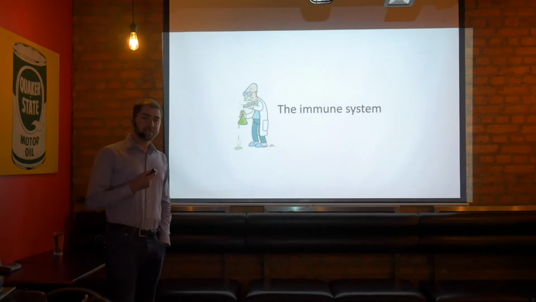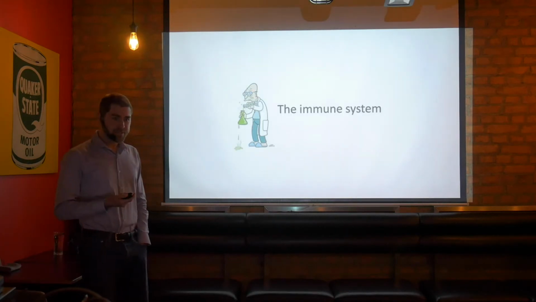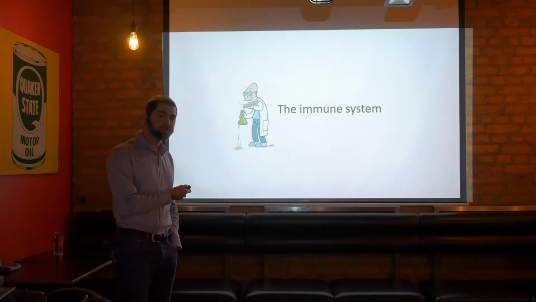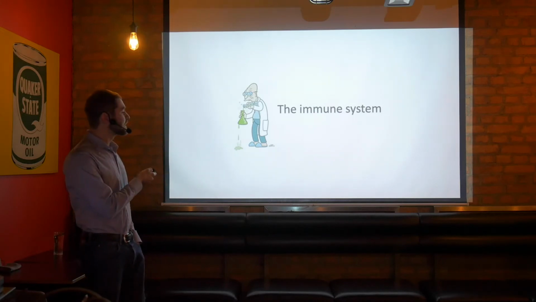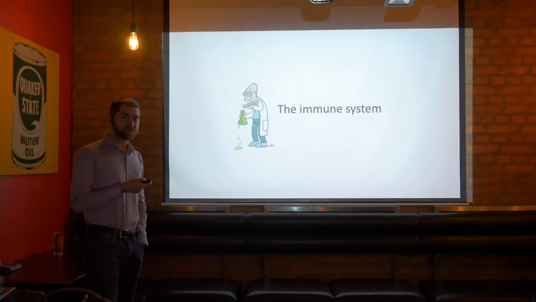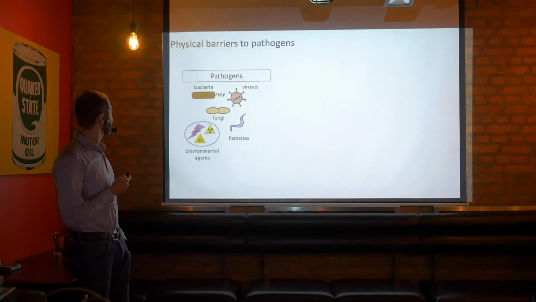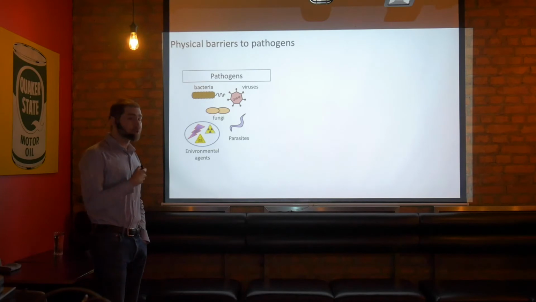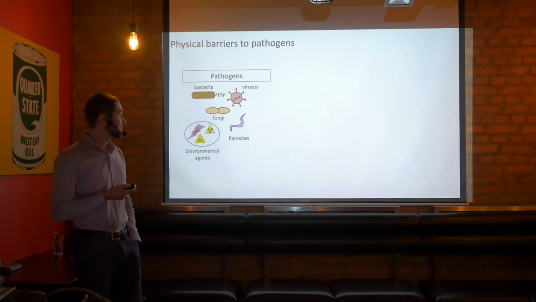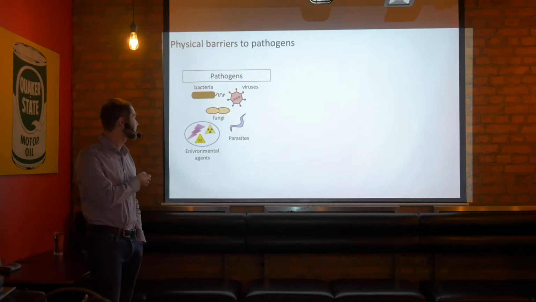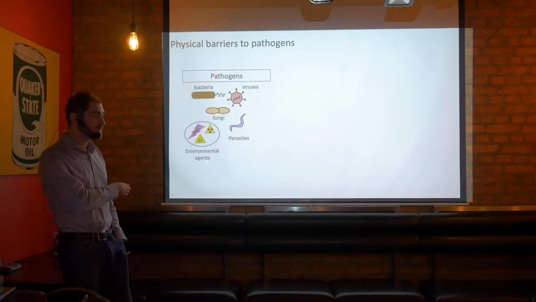Now, I said that the dendritic cells are immune cells, and to understand the function of dendritic cells, we'll need to go through how the immune system works. You know that we're constantly exposed to pathogens like bacteria, viruses, fungi, parasites, and environmental agents.